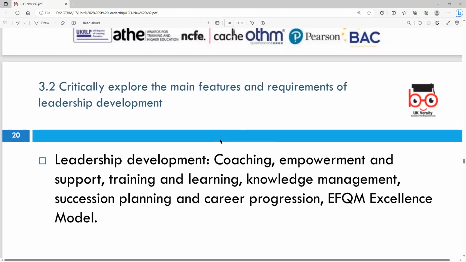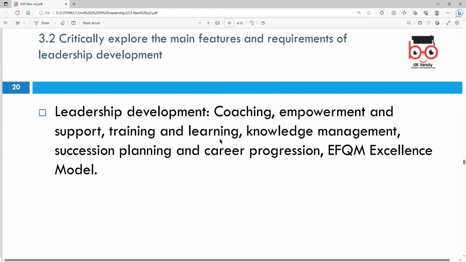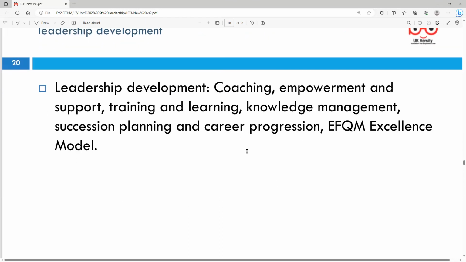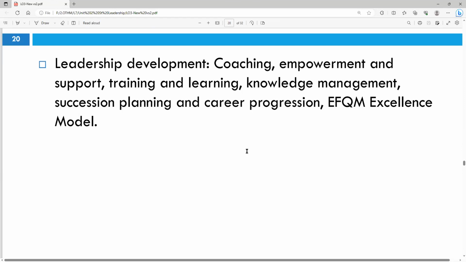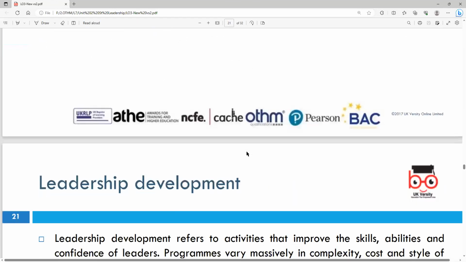Leadership development mainly talks about developing the leaders, developing the leadership in themselves through different means of training, for example, coaching, different types of planning, succession planning, career planning, and giving them support and empowerment.